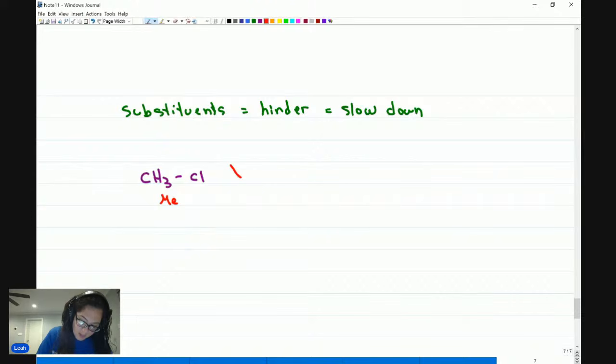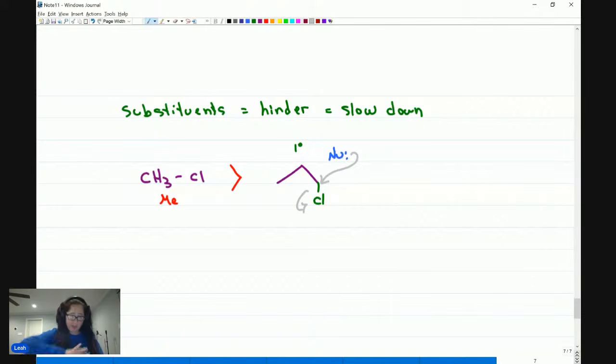Slightly slower is a primary leaving group. So if I put the chlorine on the primary carbon, this is still a relatively fast reaction because the nucleophile, which I like to write as Nu, can easily come and attack right there at the primary position, kick out the chlorine in one step, just push, and it comes right off. That's a pretty fast reaction.